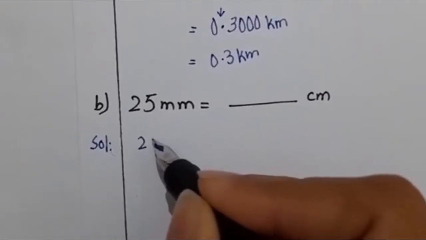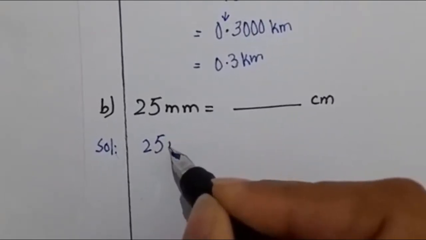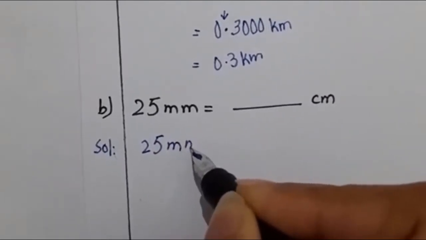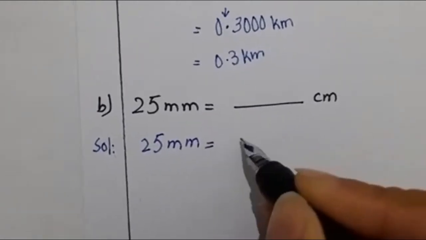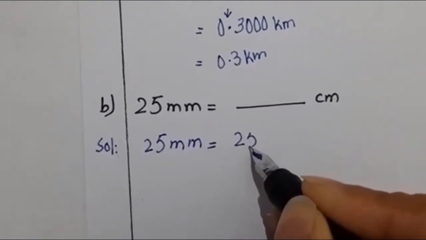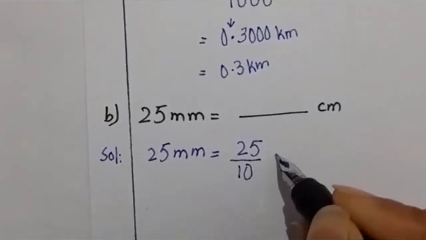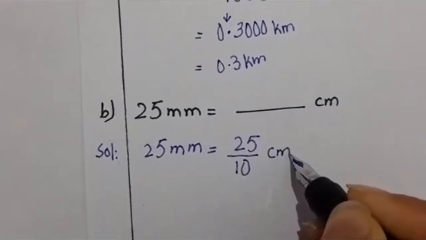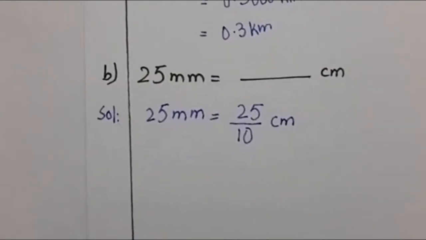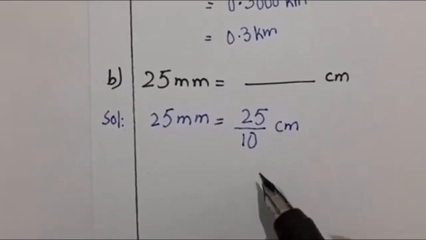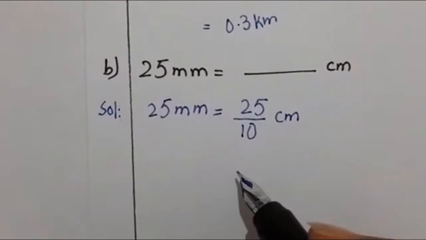So I will write 25 millimeters equals to 25 divided by 10 centimeters. Now boys, I am leaving this sum on you. You have to complete it and then write over here.